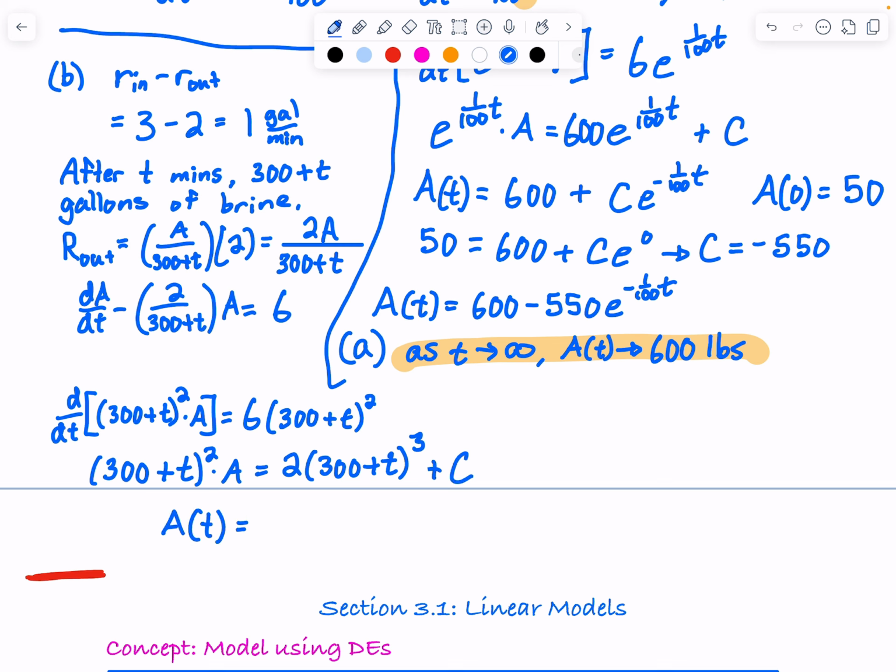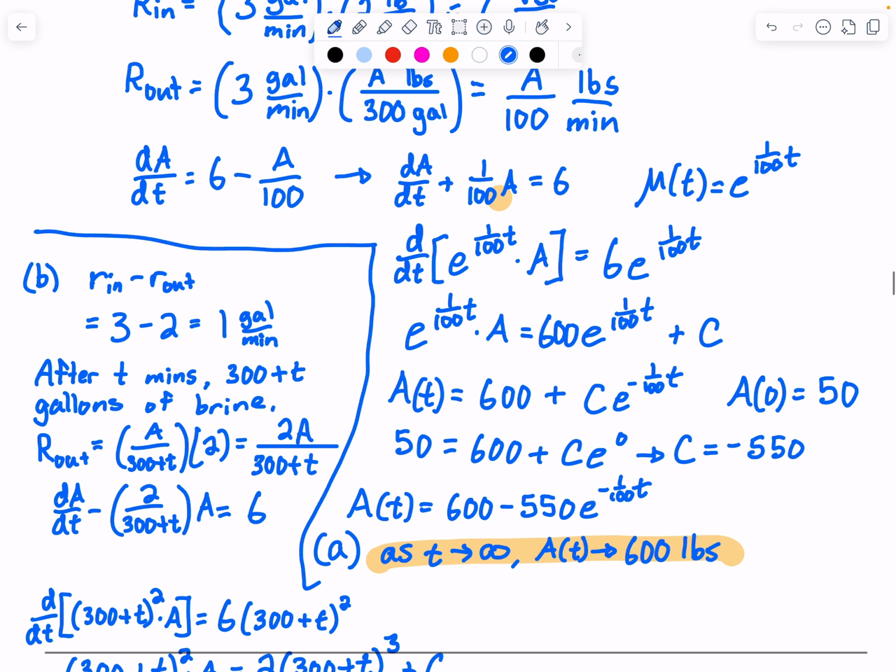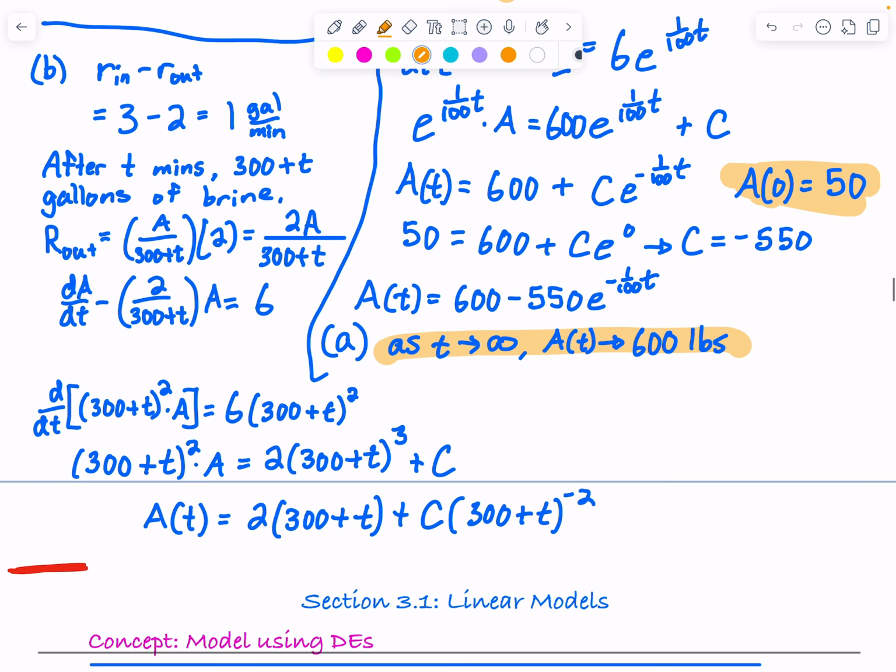All right, so that's A of t then. I can solve. I get 2 times 300 plus t plus c times 300 plus t to the negative 2. Right, that's how we got to that. I guess the initial condition would be the 0 with the, what was it, 330? Where was that at? My initial condition was right here. So if there was 50 in there, okay, I guess we could do this 50.